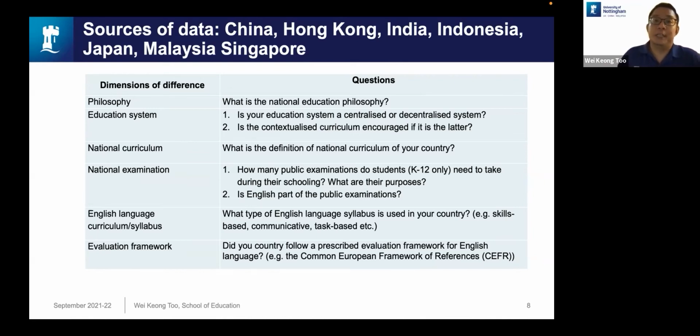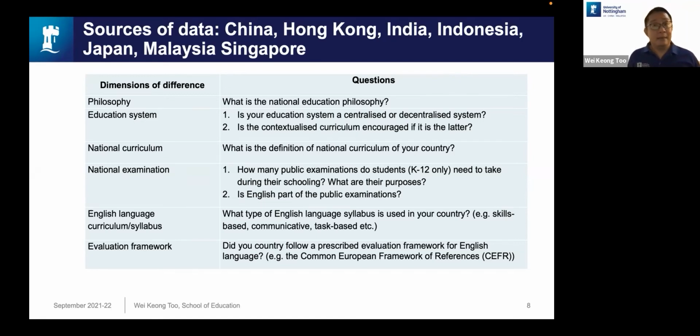Second is education system. From there, we'll be able to see how the philosophy is implemented. Is it centralized or decentralized? If it is decentralized, what type of autonomy does the government provide for the teacher? Is a contextualized curriculum encouraged? The third one, what is the definition of national curriculum? What does it mean?